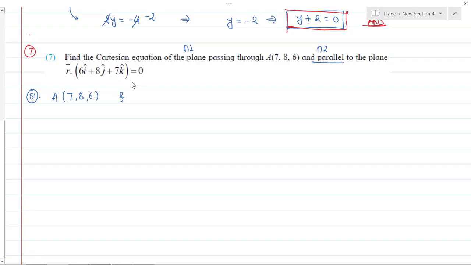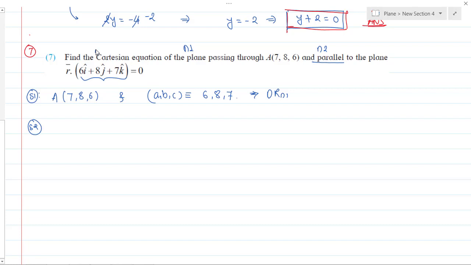So I can take these direction ratios as they are. These are the direction ratios of n2, the normal vector to the second plane. This is nothing but 6 comma 8 comma 7, and both the normals are parallel, so I can take this as the direction ratio of n1 also. Good. Now step number 2 is what they want.